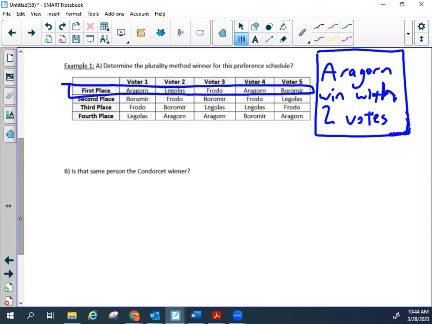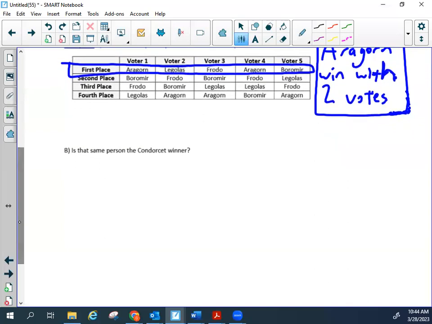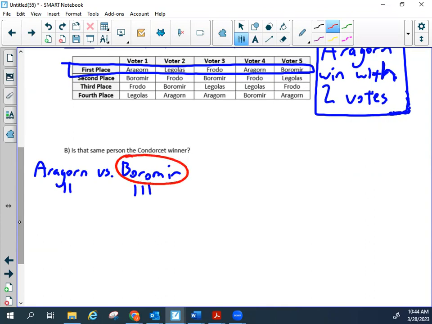Is the same person the Condorcet winner? So going back to Condorcet's method, which again was our previous video, we'll start with Aragorn versus Boromir. And what we should notice is that Boromir wins 3-2. Again, if you need a refresher on Condorcet's method, please go back to the last video. Now I'll do Boromir versus Frodo, and we'll see that Frodo wins 3-2.